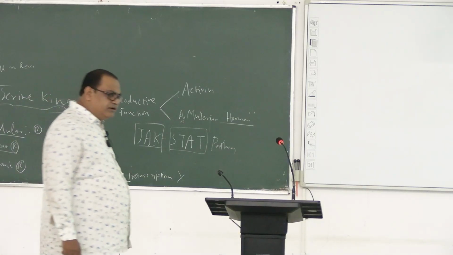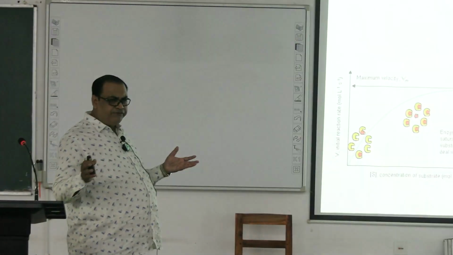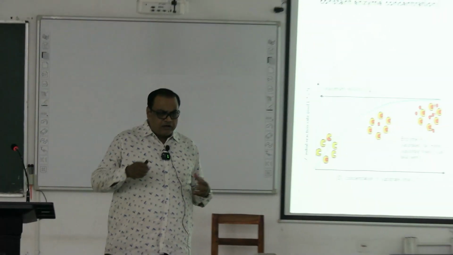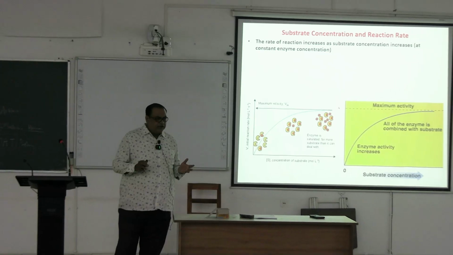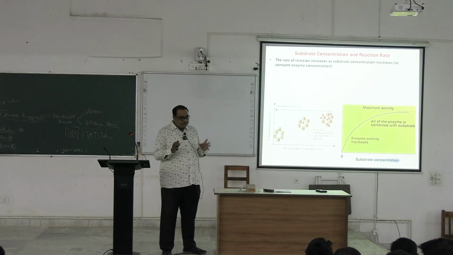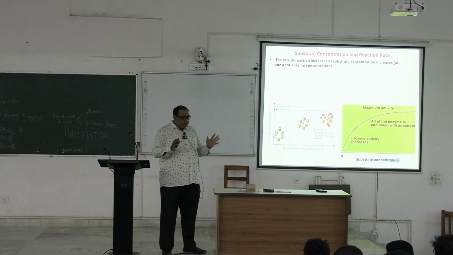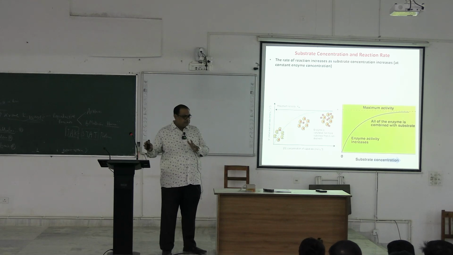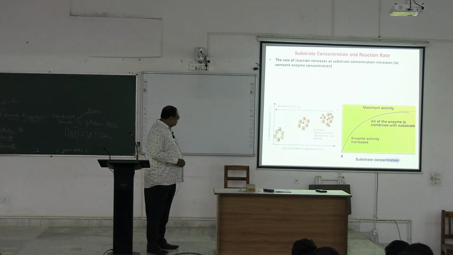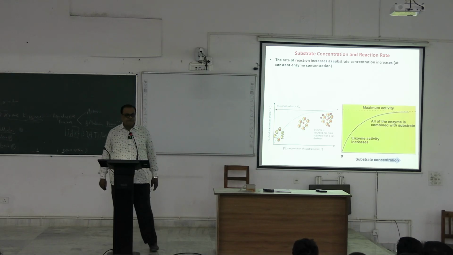But after some time, since the number of enzyme molecules is fixed and not increasing any further, whatever amount of substrate you add, it cannot increase the rate of reaction any further, because the number of enzymes is fixed, the number of hands is fixed. They cannot do more than their hands. So the graph becomes like this. Correct? What do you call this kind of graph?